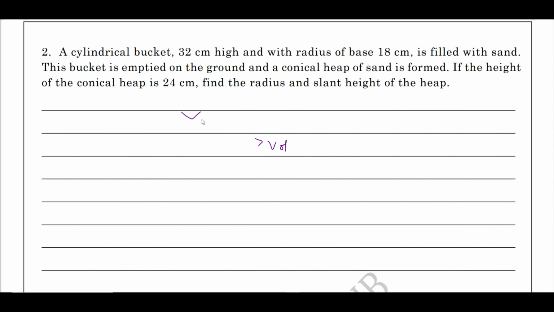Now what is the first step? First step is to find out the volume of the solid. To find out the volume of the solid, what is the volume of the cylinder? It is pi r square h. Volume of cylinder equals pi r square h.